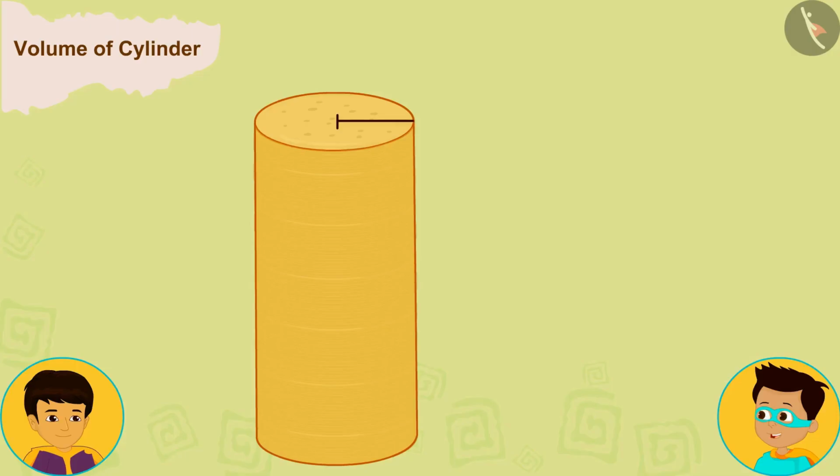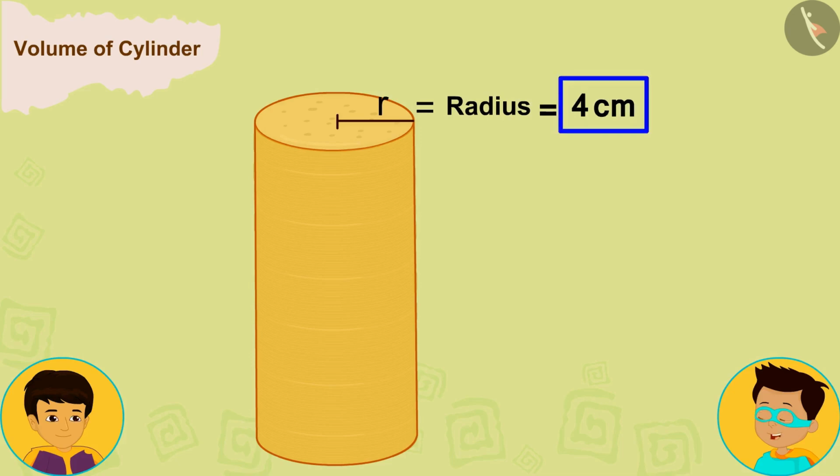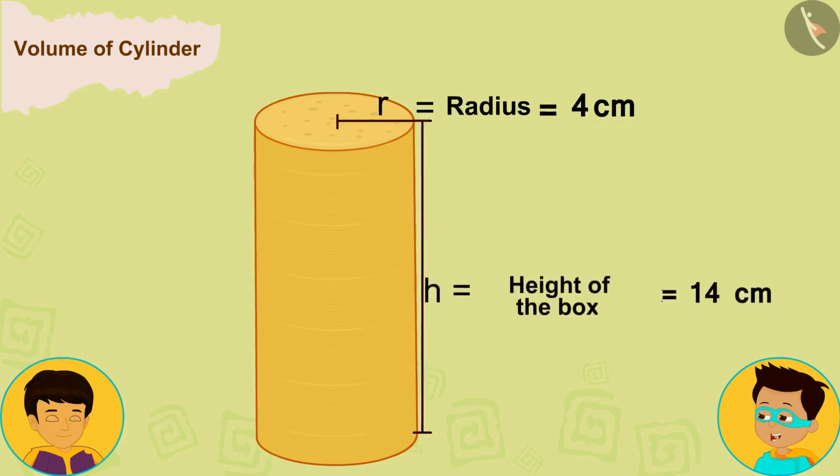The radius of each papad is 4 centimeters and the height of the box is 14 centimeters. And as we have seen earlier, the area covered by all the papads collectively is the capacity of the cylindrical box.